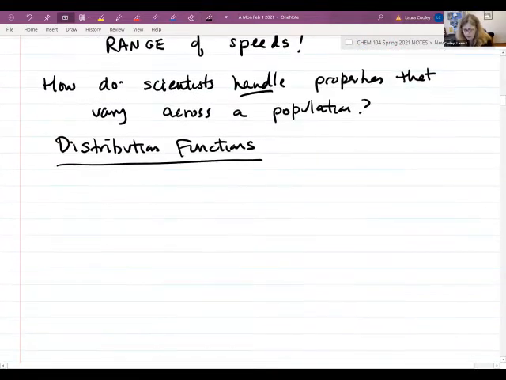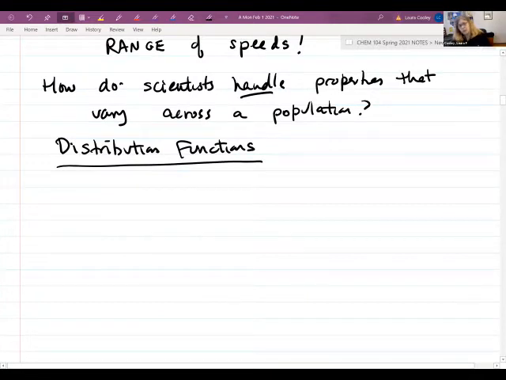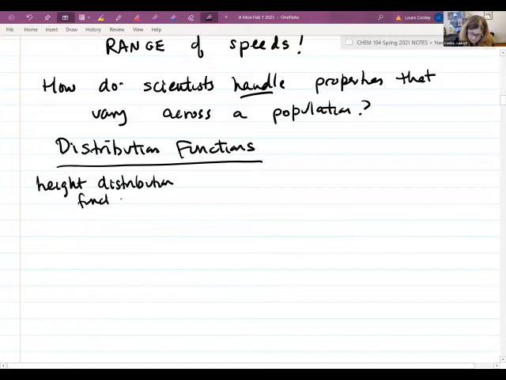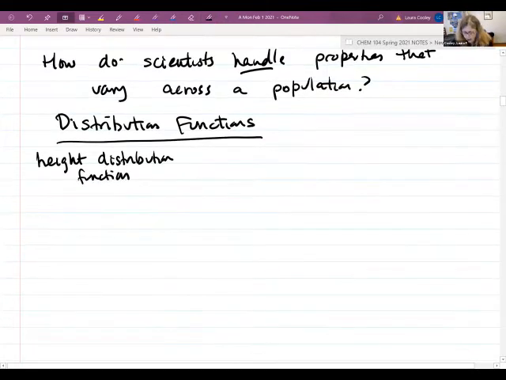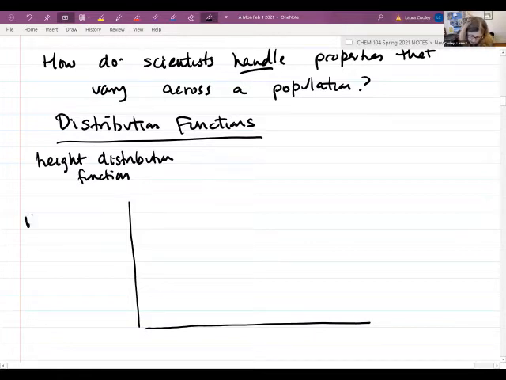And, you know, just to show you one that you're probably familiar with, I'd like to first talk about a height distribution function. Okay, so what a height distribution function would be, it would be the probability of having a certain height.